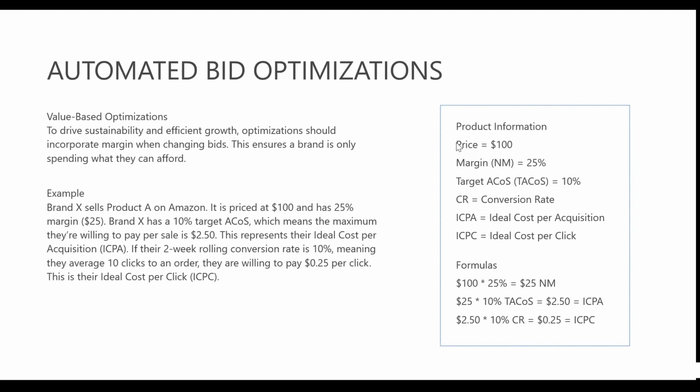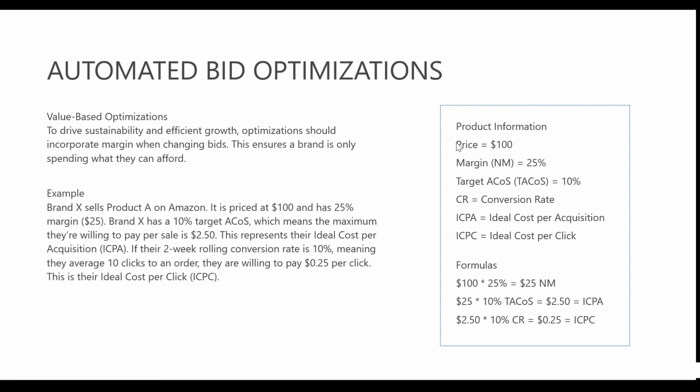So in the example here, Brand X sells product A on Amazon. It is priced at $100 and has a 25% margin. That's $25. Brand X has a 10% target ACoS, which means the maximum they're willing to pay per sale is $2.50. This $2.50 is derived from those margin dollars, right? That 10% of $25.